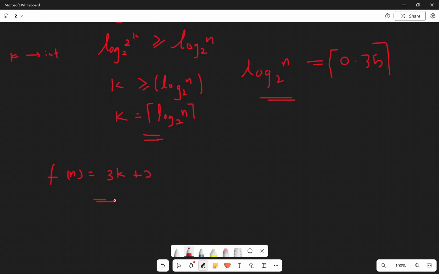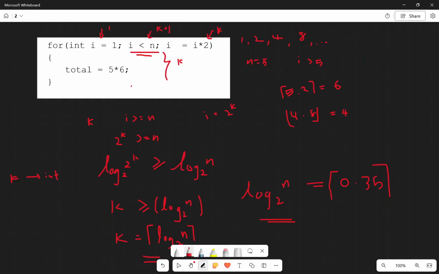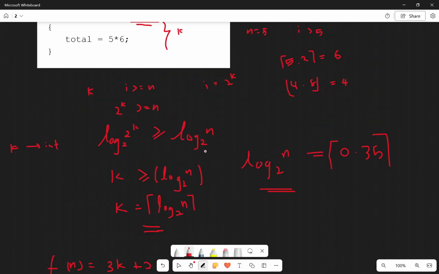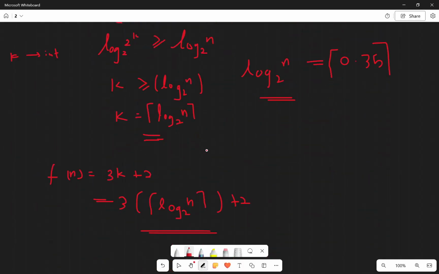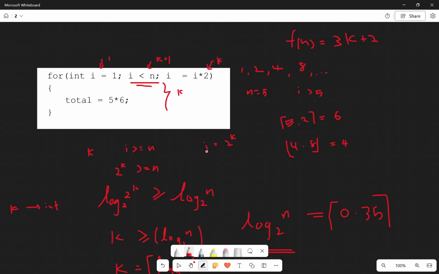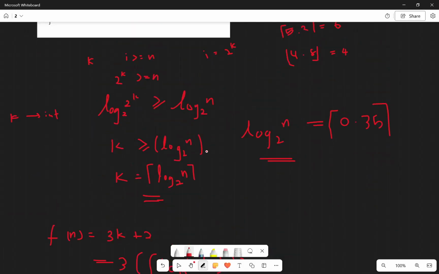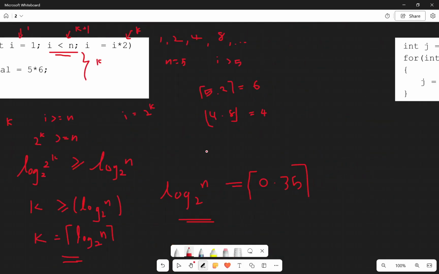By substituting this, I can say 3 times the ceiling value of log 2 to the power n, plus 2. So that's fn for this. Alright, hope it's clear. So let's move on to the next one.